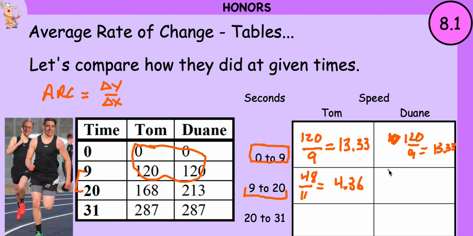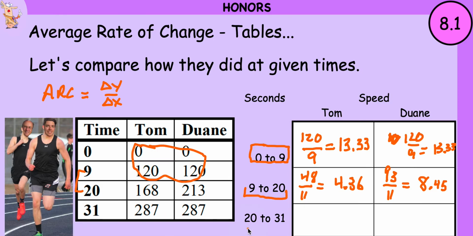He ran 93, the difference, 93 meters over 11 seconds, and his speed was 8.45, rounded to the hundredth.